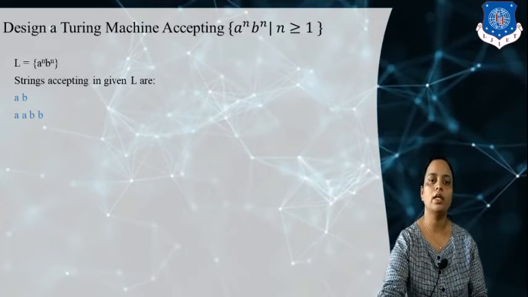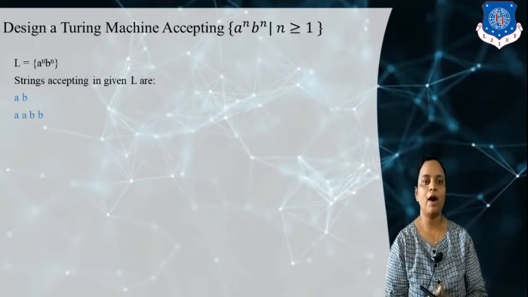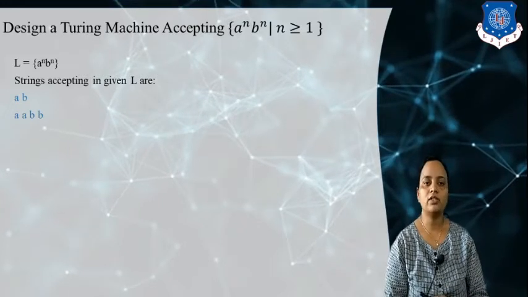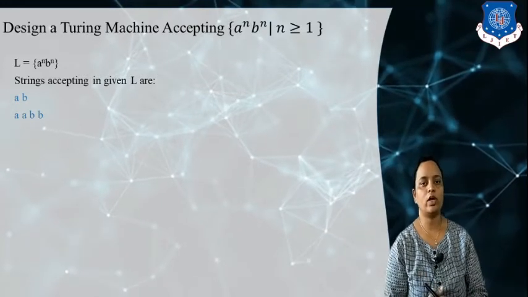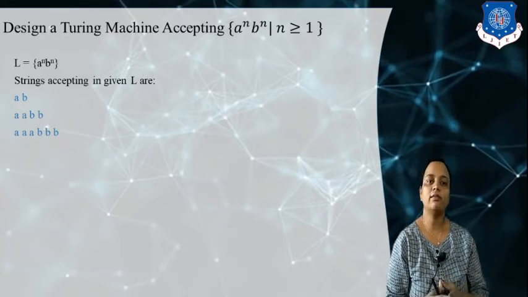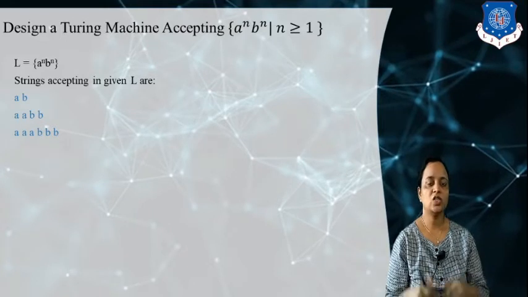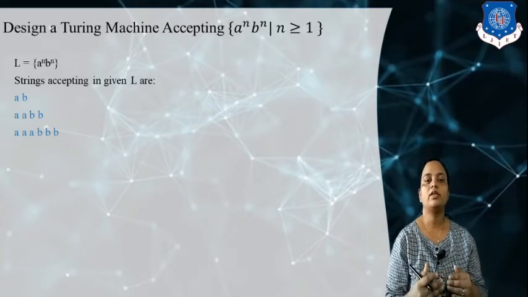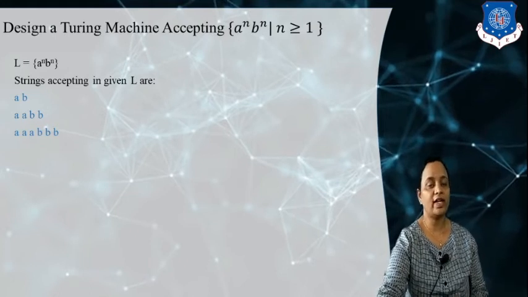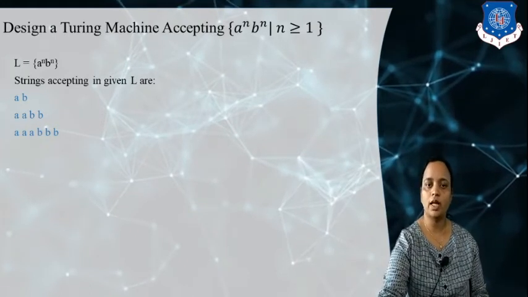If I take n equal to 2, then the string is a squared b squared, so aabb. If I take n equal to 3, my string is a cubed b cubed. So these are the valid strings which belong to this language.